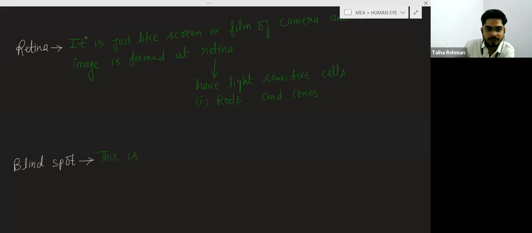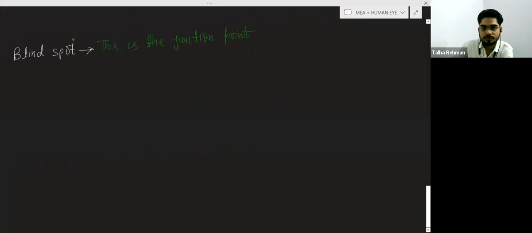This is the junction point of the optic nerve and retina.